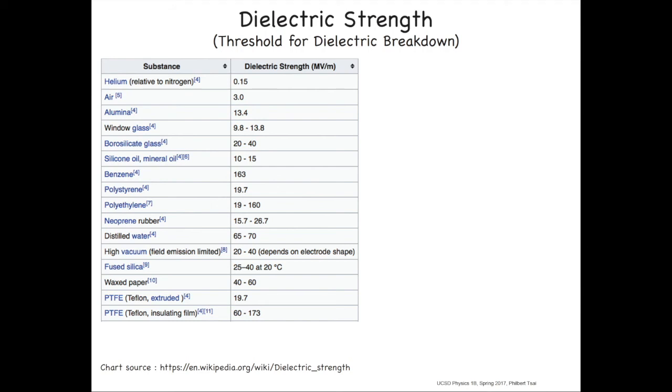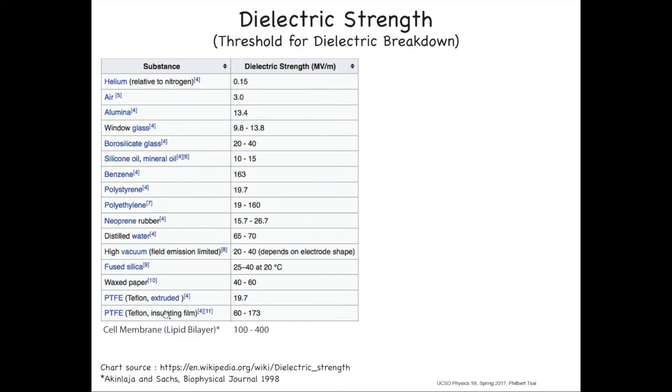A dielectric constant, kappa, describes how much more capacitance a capacitor will have if you place that material inside the capacitor. The dielectric strength is telling you how large of an electric field you can put across that material before it breaks down and a current starts to run through it.